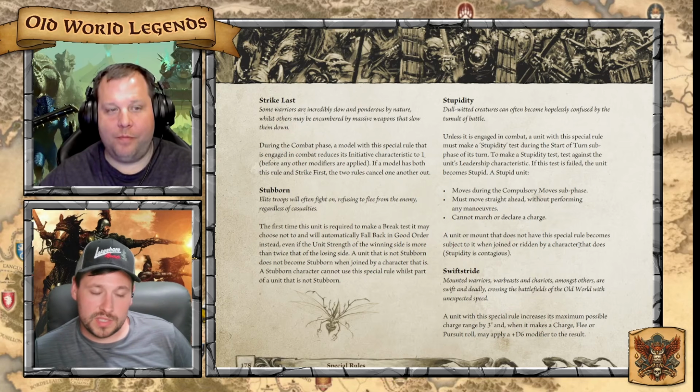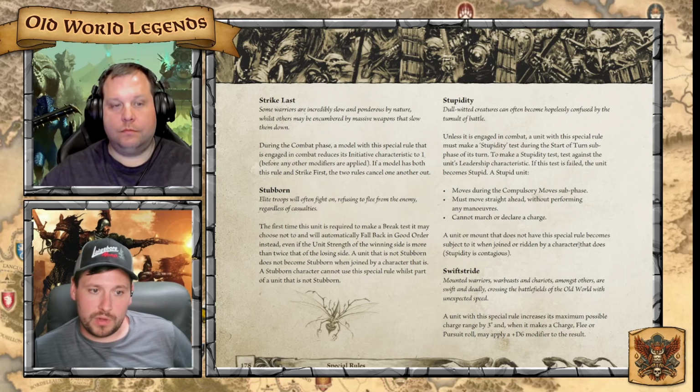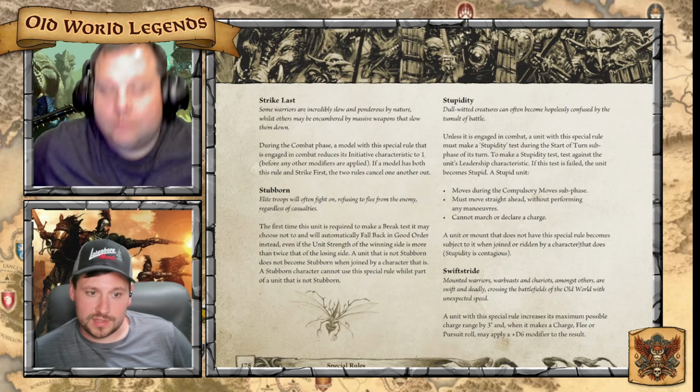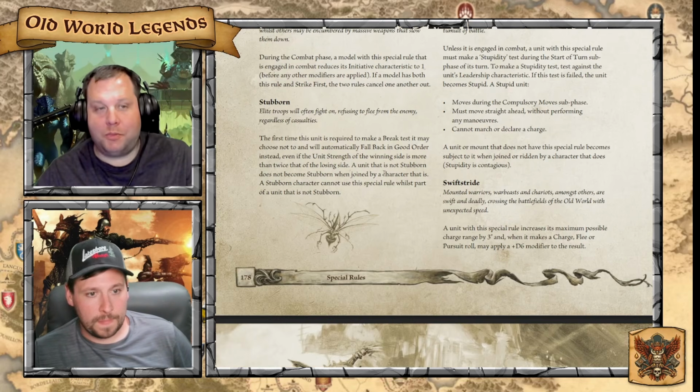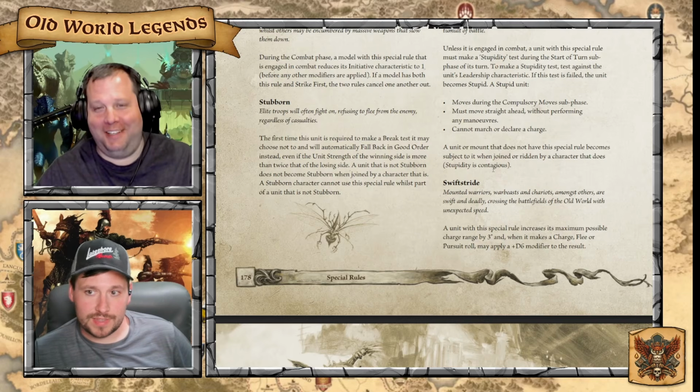A great example of this is if you want to put your Beast Lord in a unit of Bestigor as his bodyguard and give them the veteran role. He can roll on the Gaze of the Gods table willy nilly, and even if he gets stupid, the Bestigor let him re-roll that test, because they all got stupid too, and the whole unit takes the test. And this might be the best quote in the entire rule book: "Stupidity is contagious." That's fantastic. That makes me laugh every time I read that.